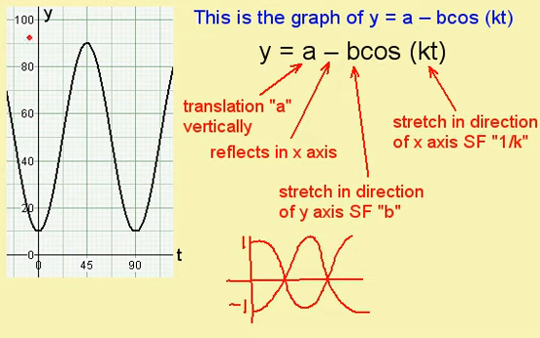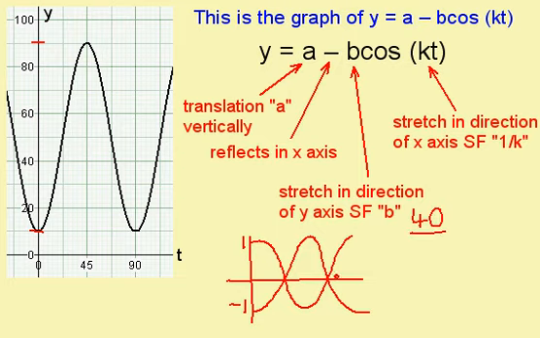Now, on this graph here, the distance from here to here isn't 2. It goes from 10 to 90, so that distance is 80, which means that it must have been stretched by a scale factor of 40 in the direction of the y-axis, 40 up and 40 down to make 80. This means that B, which stretches it in the direction of the y-axis, must be 40.